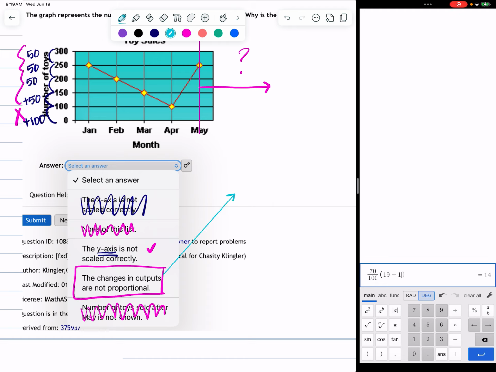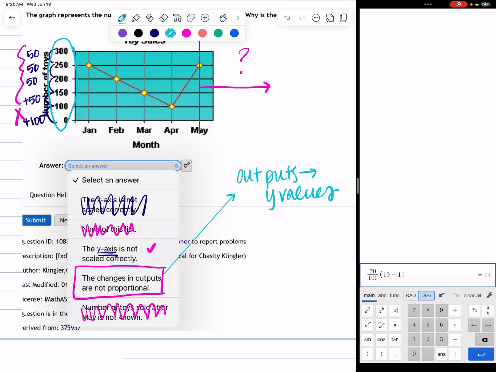And then it dawned on me that in algebra, outputs are frequently used to describe the y values. Well, that's that vertical axis we were talking about in the answer choice above that one.